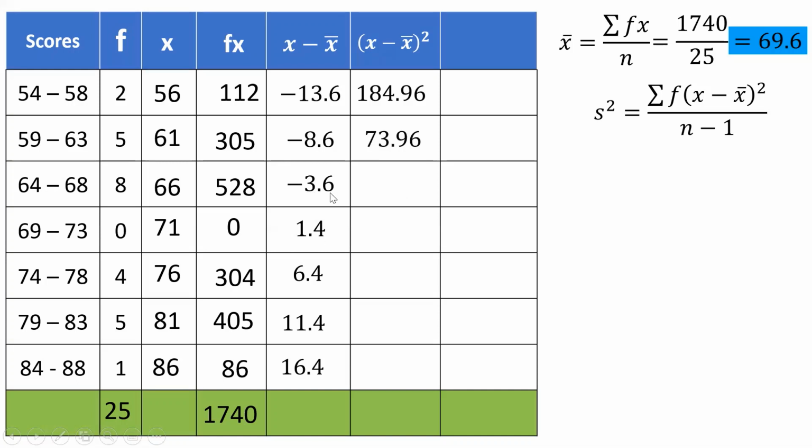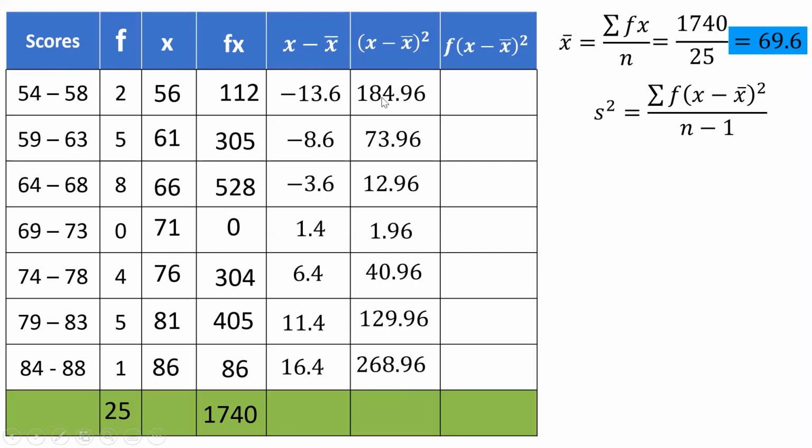Negative 3.6 times negative 3.6, that is 12.96. So do the same up to the last entry. So 16.4 times 16.4, or 16.4 squared, is equal to 268.96.